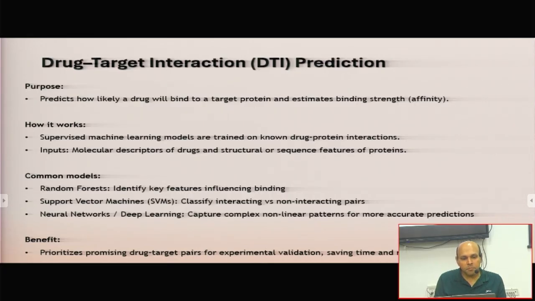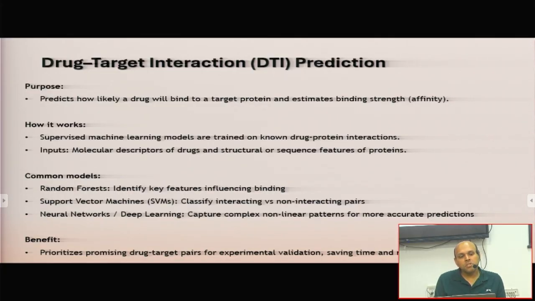Next is drug target prediction. So it predicts how likely a drug will bind to a target and estimates binding strength, affinity. So how it works is supervised machine learning models are trained on known drug protein interactions.